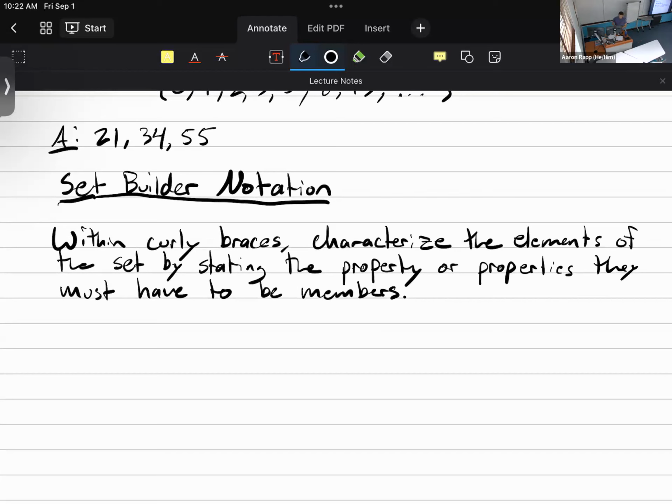So what it's going to look like in general, and have your curly braces still to denote that we're talking about a set. You're going to talk about your elements, what the members are going to kind of look like. Usually it's going to be just some variable, but you can also put an extra form in there. There's no specific thing that always has to be X or a letter A or a color blue. Don't really care. You do a vertical line.